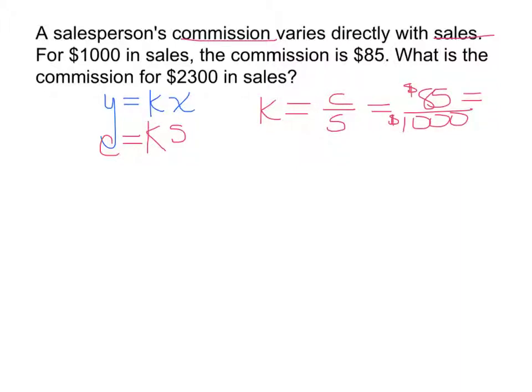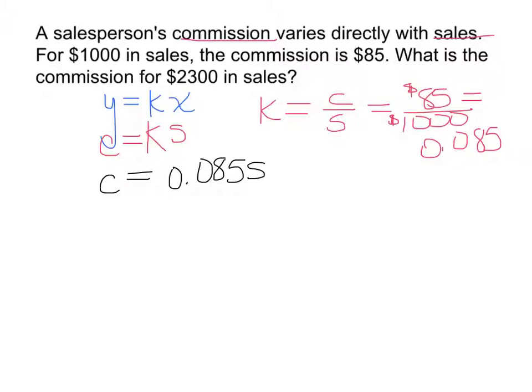And if we divide that, that means our constant is 0.085. So then going back to our equation, we have C equals 0.085S.